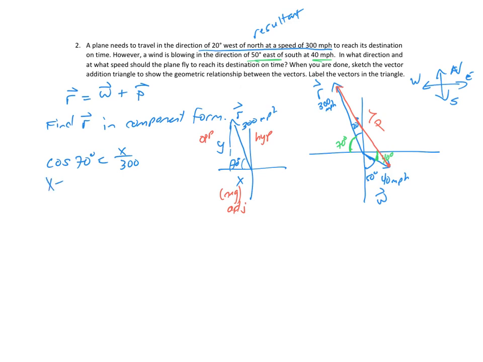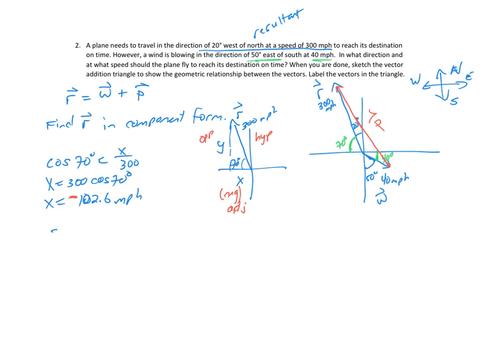Okay, so x is going to be 300 cosine 70 degrees. And 300 cosine 70 degrees, if you punch it into your calculator, will give you 102.6 miles per hour. But remember that this component must be negative in the second quadrant. So I'm going to remember to put my negative sign there.